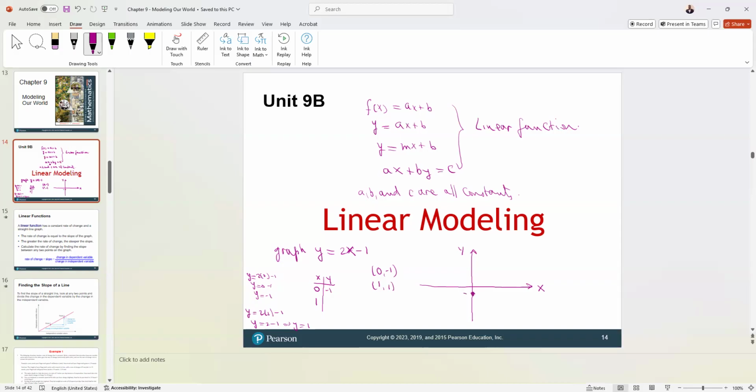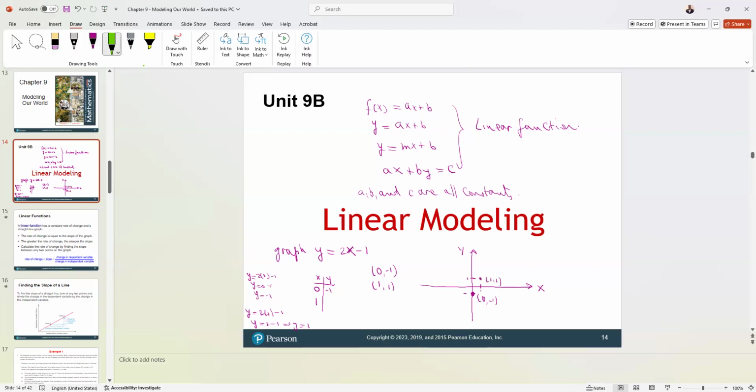That's our first point, (0, -1). Now, the second point: when x is 1, y is 1, so we have (1, 1).